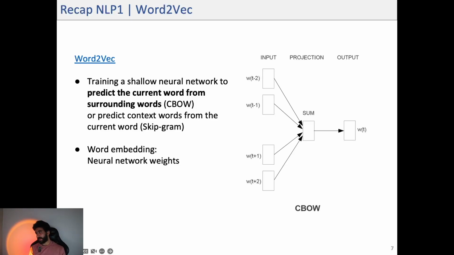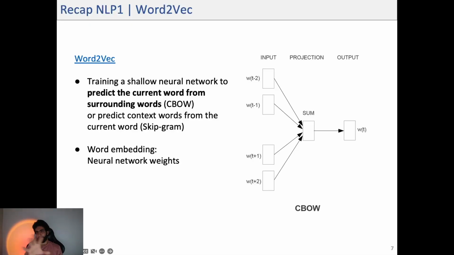The first is called CBOW, which stands for continuous bag of words. In continuous bag of words, we take the surrounding words, like the two before and the two after, and then try to predict the word in the middle.